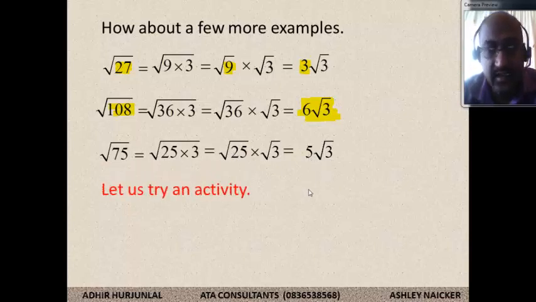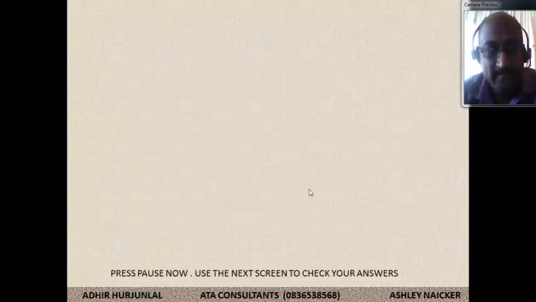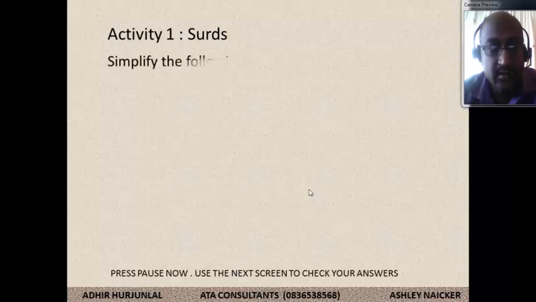Now, I want you to try an activity. Guys, try this activity. It'll do you some good. That's not the activity. Let's go further. Activity 1, surds. Simplify the following.